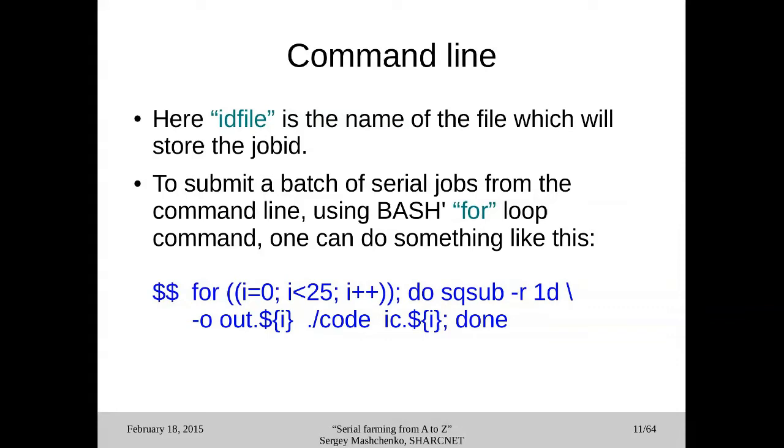These are references to your initial condition files numbered from 0 to 24, if that's the way you organize your data. Semicolon, done. So that's an example of a simple for loop which will submit 25 jobs to the cluster, with the output going to separate files, out.0 to out.24, and the only command line argument for your code being IC.0 to IC.24. This is a very simple example of using a for loop to submit a serial farm.